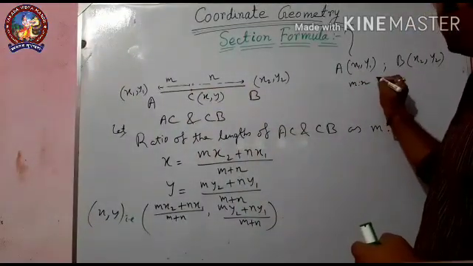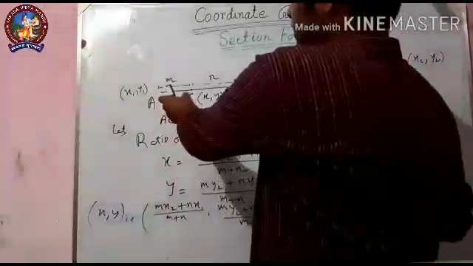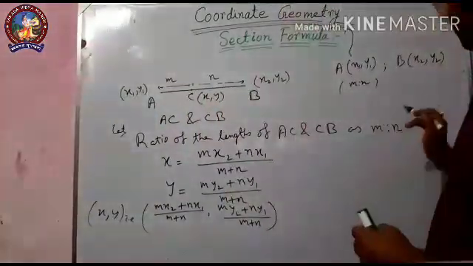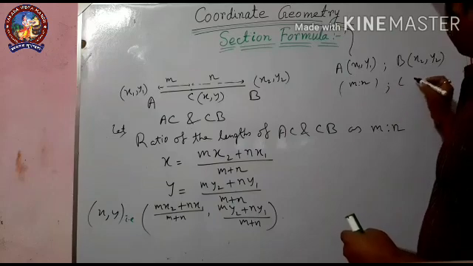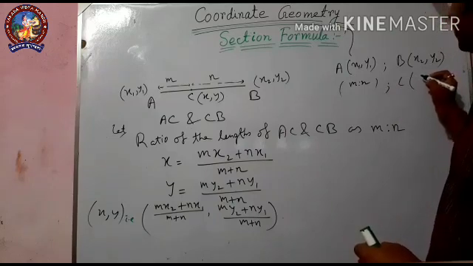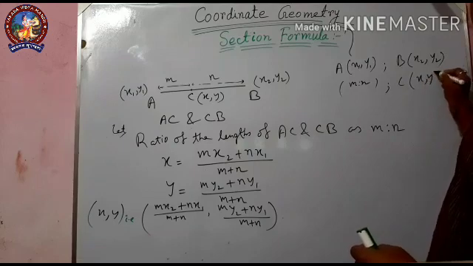M is to N is the ratio of the length of the line segment AC and CB, and the coordinate of the point C, where the line segment AB is divided internally in the ratio m is to n, will be x comma y.